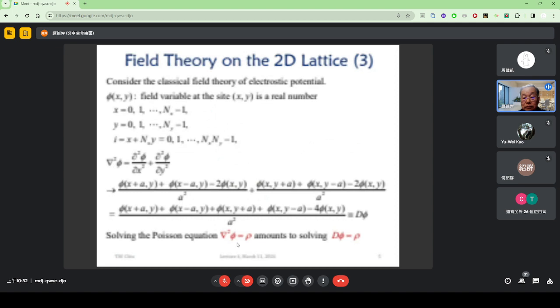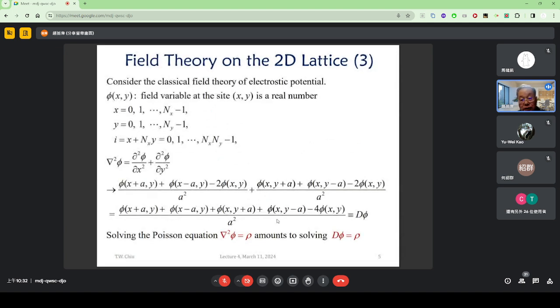And this Laplacian operator on the lattice in discrete form can be written as a matrix D. It's easy to write down the matrix, since for every x and y, there are only 5 non-zero elements. So you can easily fill in the non-zero elements of this matrix D. Each row has 5 non-zero elements. All other elements are 0.